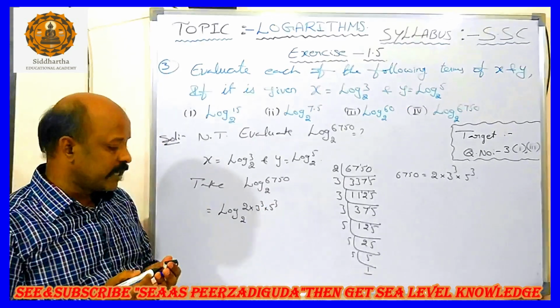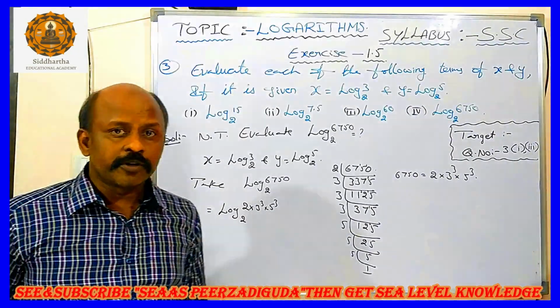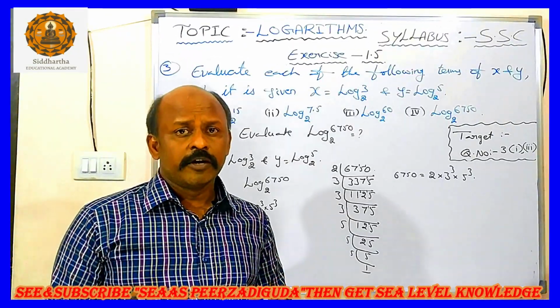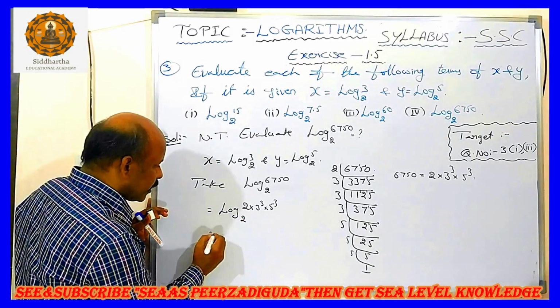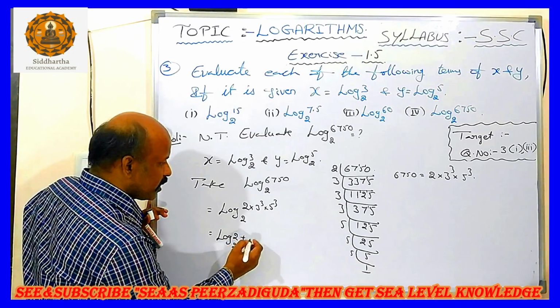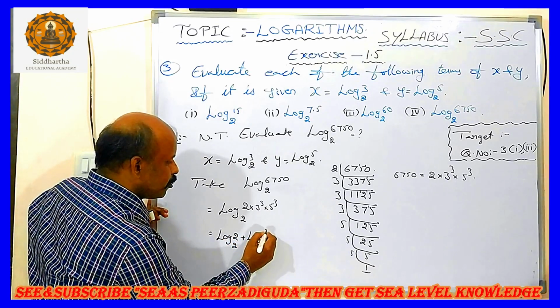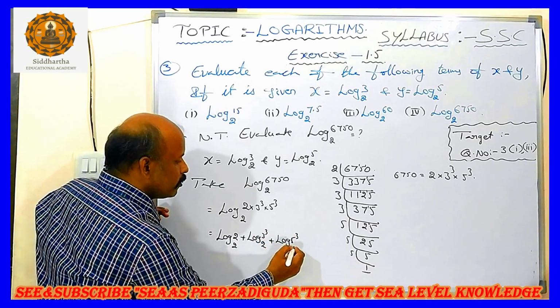Again, when we are observing here, some product has happened. So that's why I am going to write in product form. It is product rule, I am going to use product rule. Here I am going to write log 2 base 2 plus log 3 cube base 2 plus log 5 cube base 2.